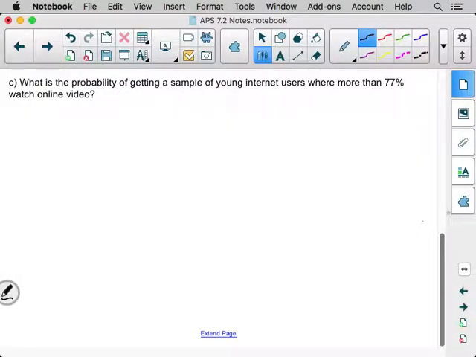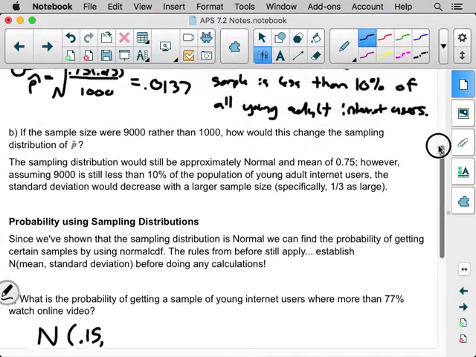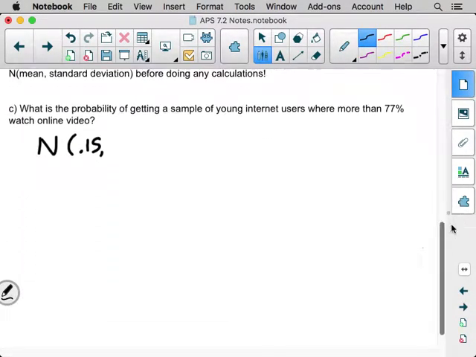Okay, so we're dealing with a distribution that is approximately normal, centered at 15%, and has a standard deviation of 0.0137. So if we're being asked a probability of something that's normal, what do we do?